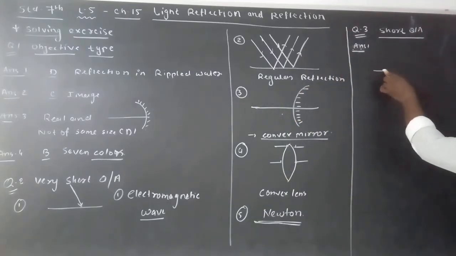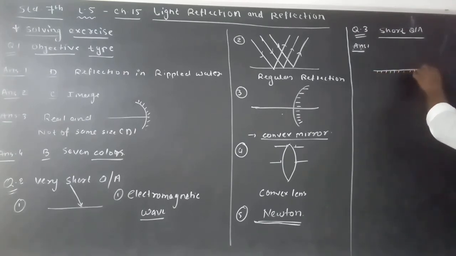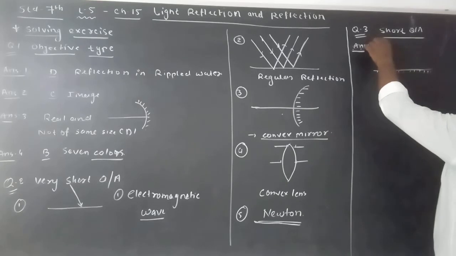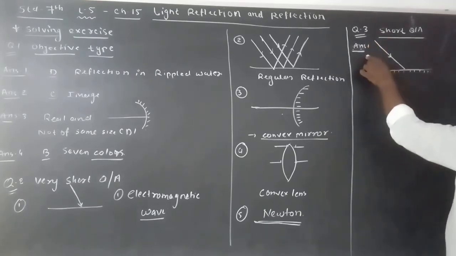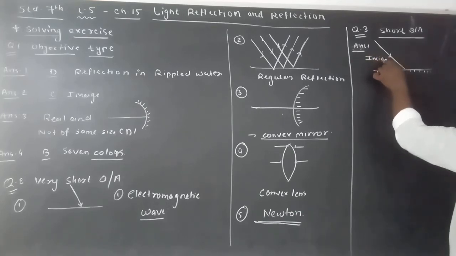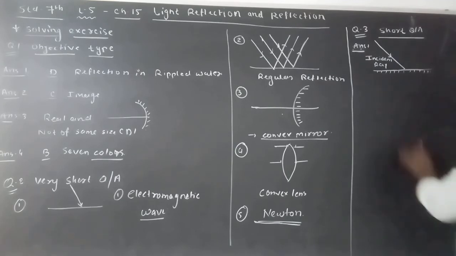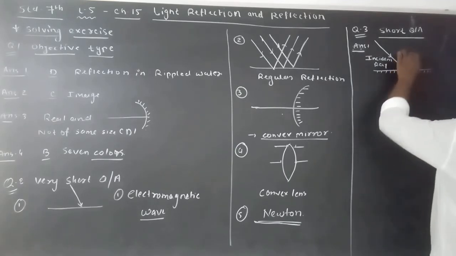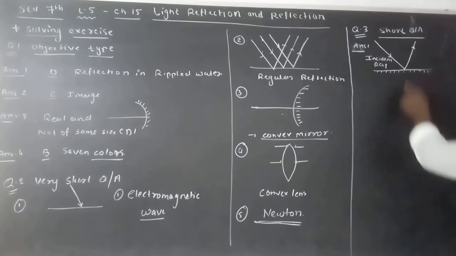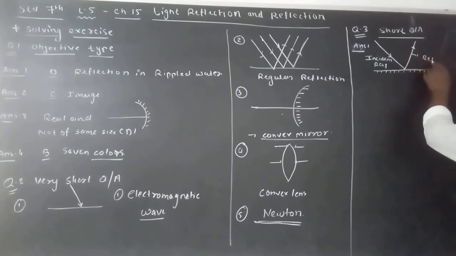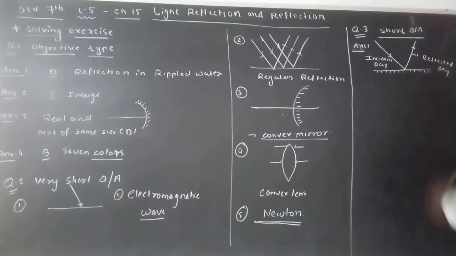So suppose this is our surface, and the ray of light which is striking the surface is known as an incident ray. This is our incident ray that I discussed. After striking that surface, it gets reflected into the same medium, and it is known as a reflected ray.